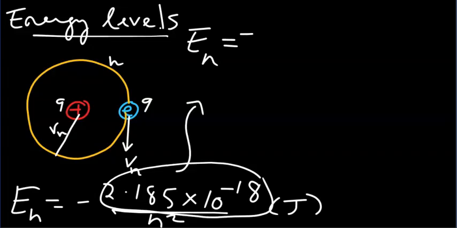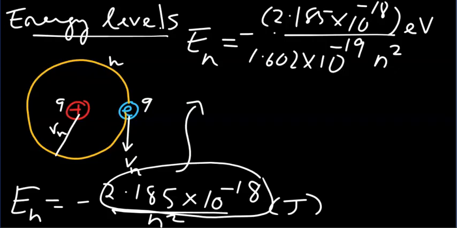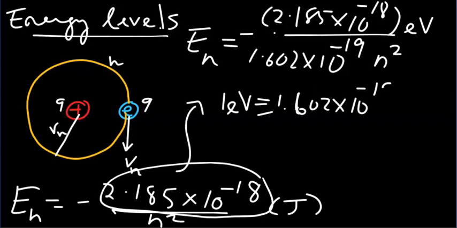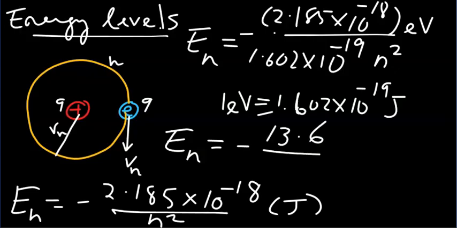So it becomes minus 2.185 times 10 to the power minus 18 over 1.602 times 10 to the power minus 19 n squared. And the unit is, of course, electron volt, because 1 electron volt is 1.602 times 10 to the power minus 19 joules, which will give you an expression as follows. Energy level is minus 13.6 over n squared in the unit of electron volts.